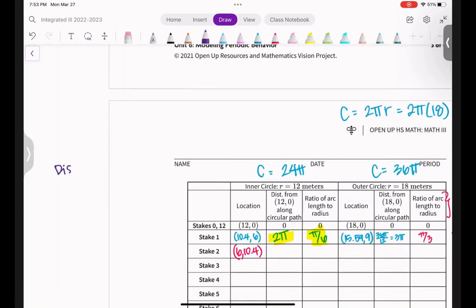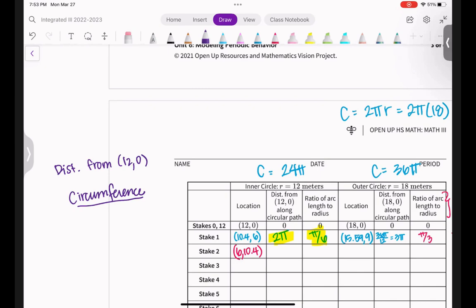So this is distance. Since it's distance from 12, 0, the way you're calculating this is you're taking your circumference and you're dividing it by however many pieces you have.